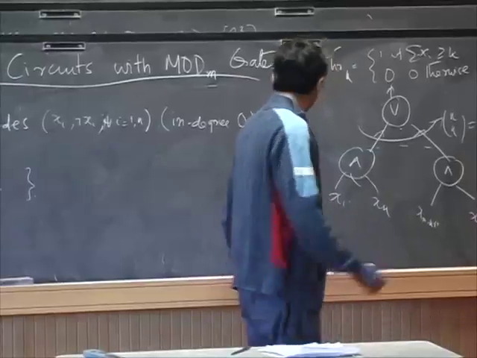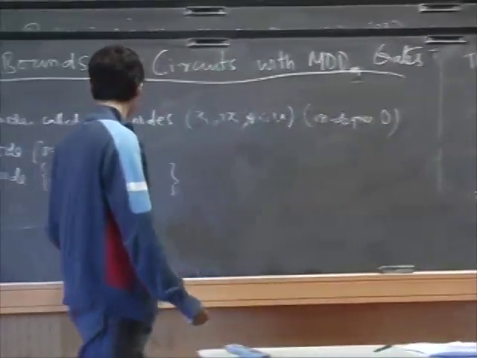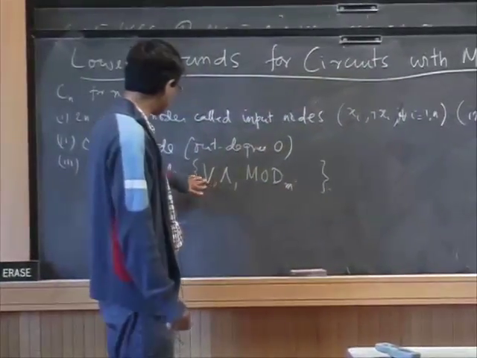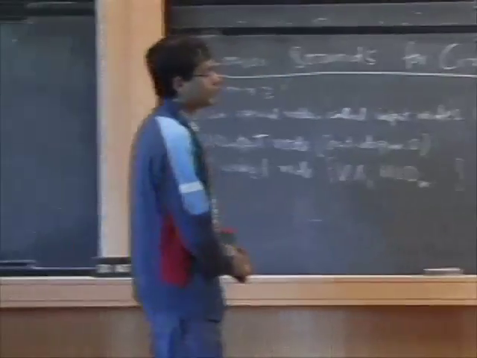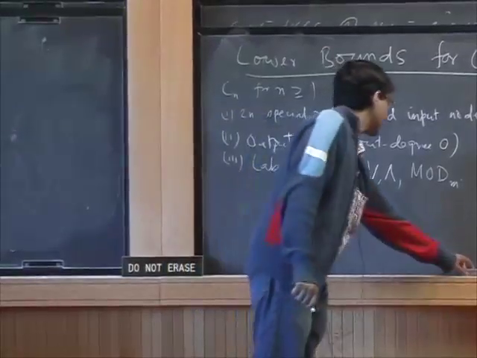Meaning we are now considering constant depth circuits with just the basis set being OR and AND, so there's no MODm, right? And this is a famous result. Again, let me remind you.